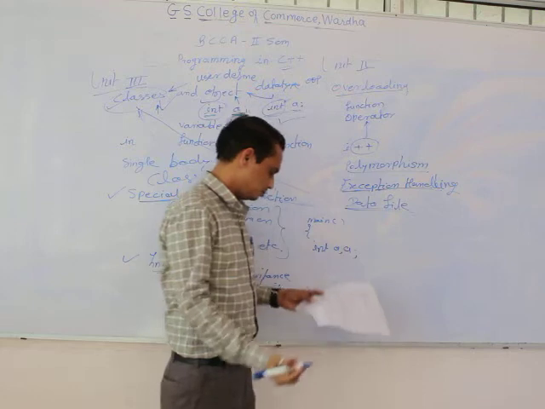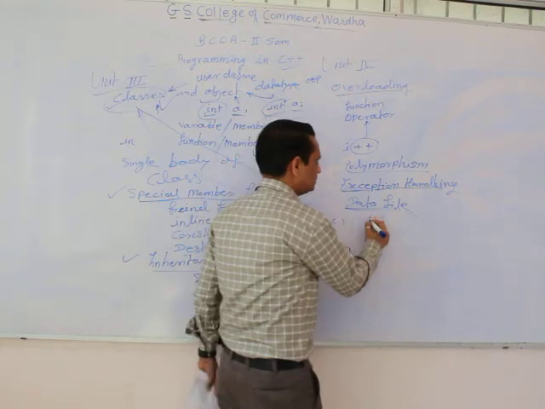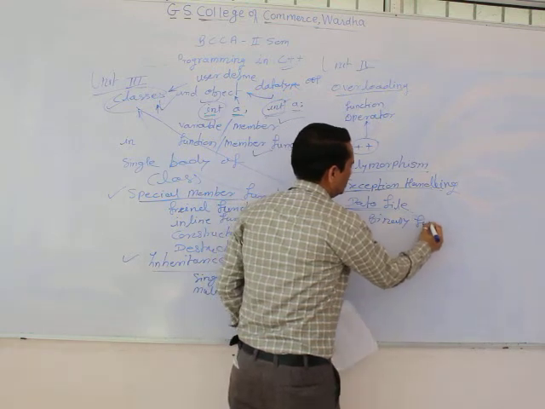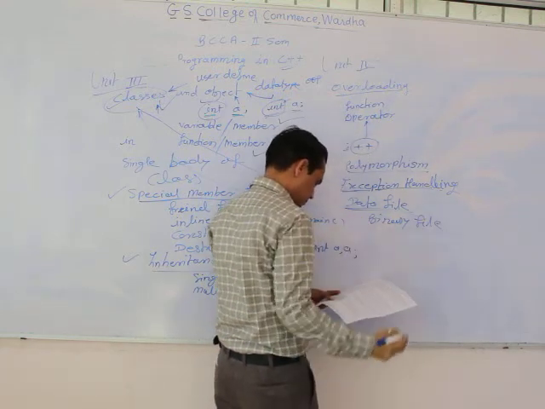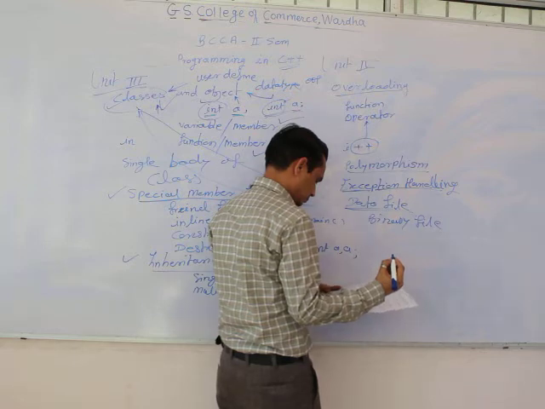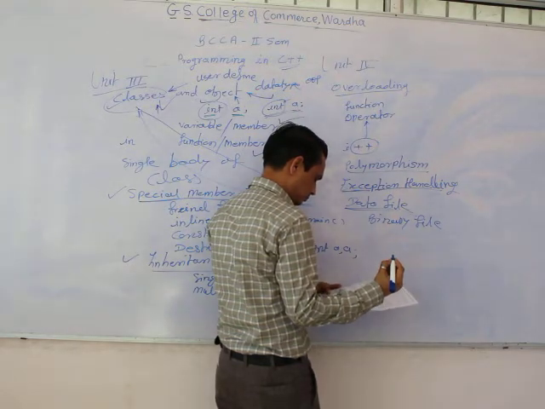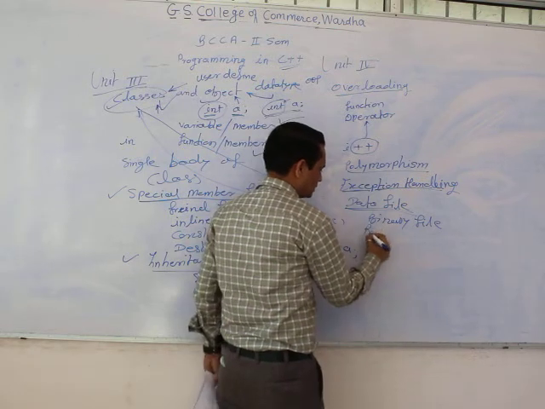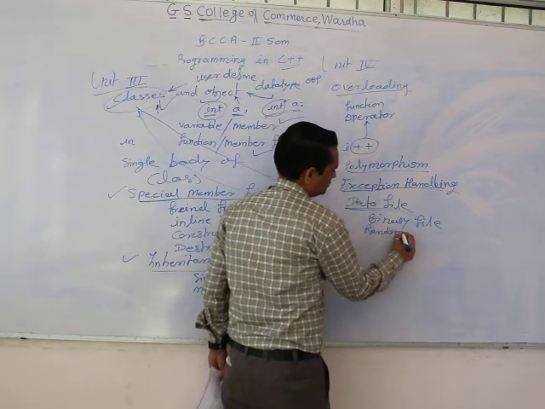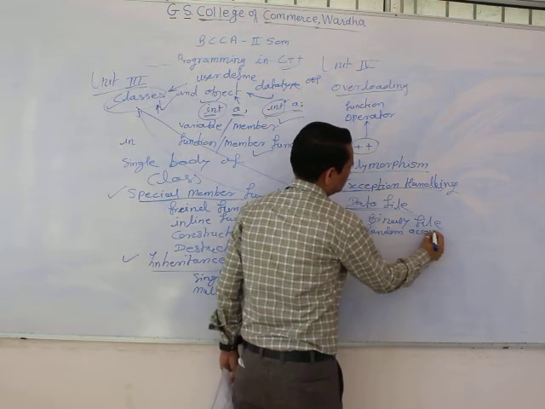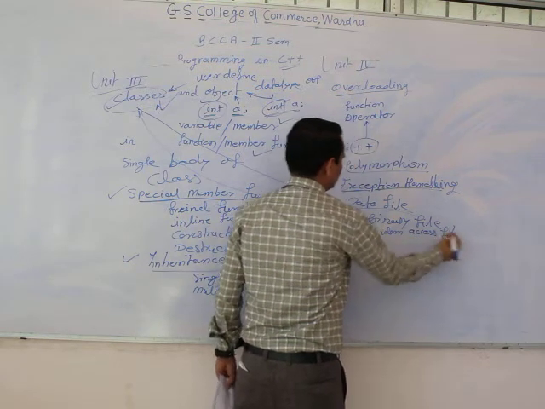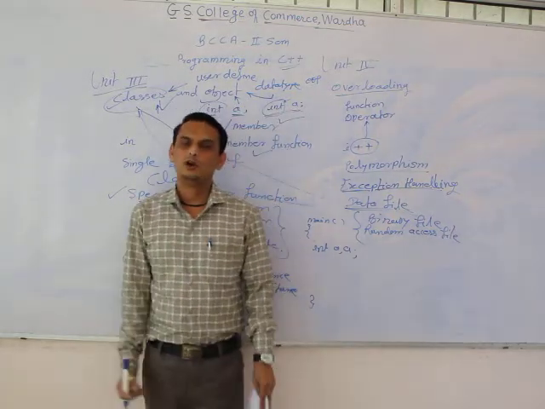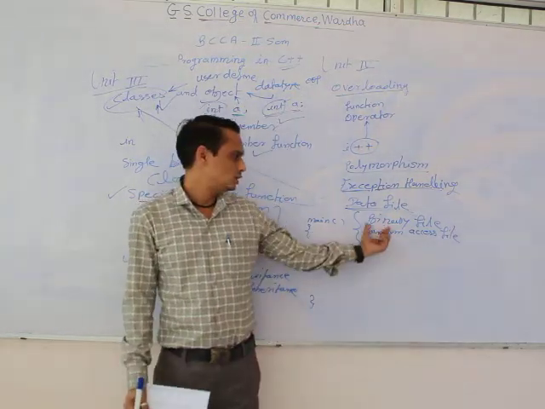It is called a binary file, and a random access file. Write, read, append, all these things can be done using the binary file and random access file.